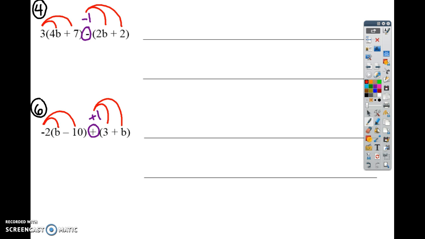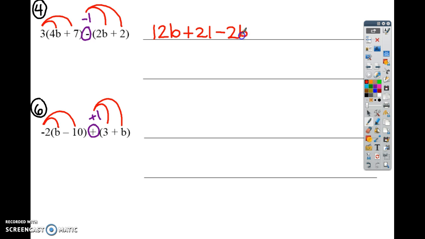Okay, so you should have had plenty of time to work some of those problems out. We're going to start with problem number 4. We're going to distribute 3 times 4b. What does that give you? 12b. 3 times 7, positive 21. Then we're going to distribute the negative 1. So what's negative 1 times 2b?